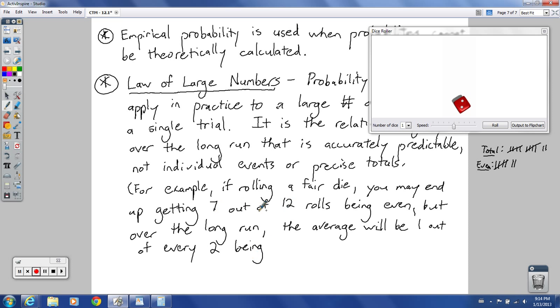So here 7 out of 12 does not reduce down to 1/2, but over the long run you would get the average results, or over the long haul the likelihood is 1 out of every 2 is going to be even.